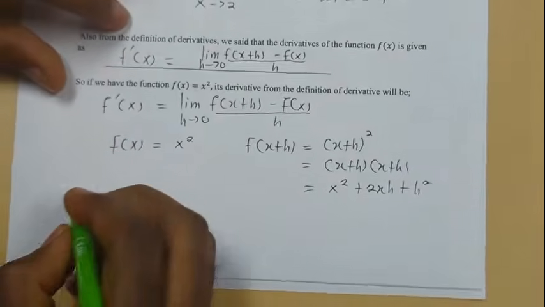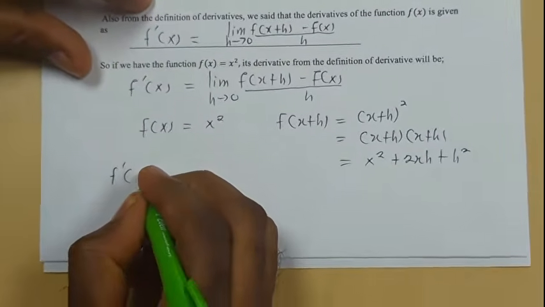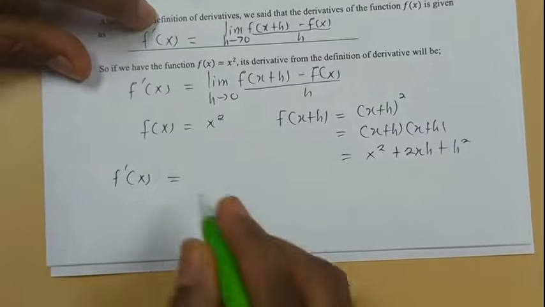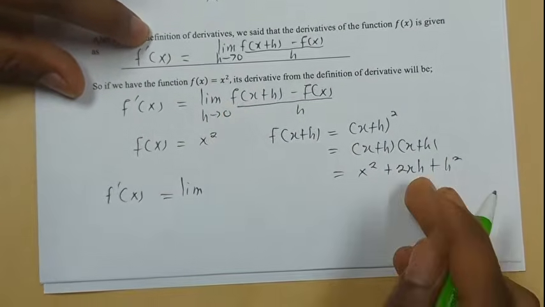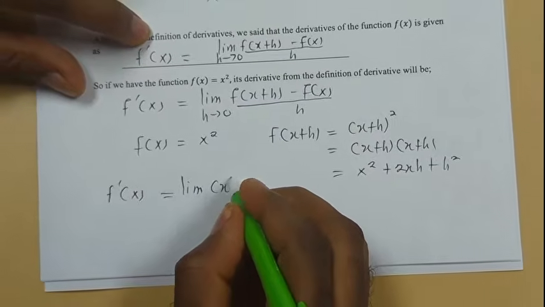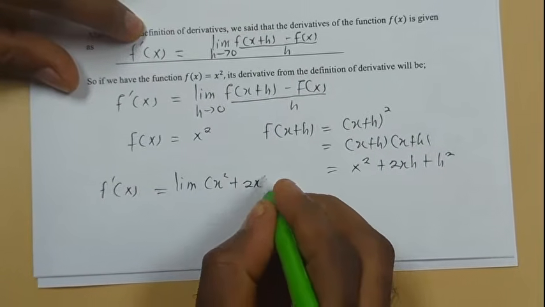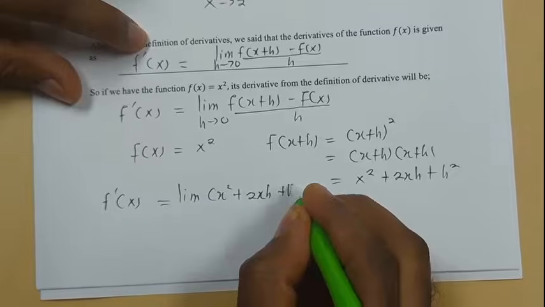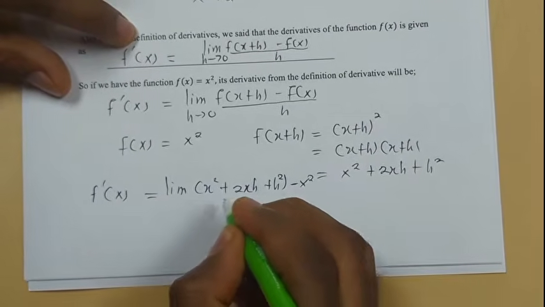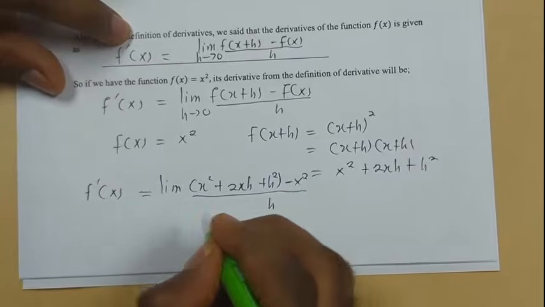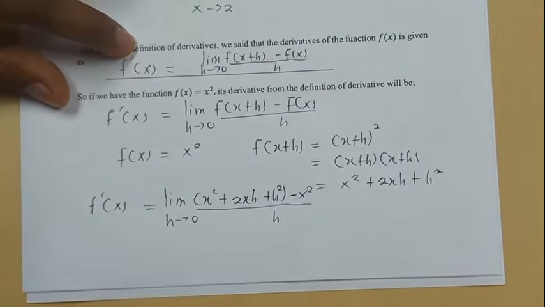So in substituting that, we can say that f prime of x will be equal to the limit of, so f of x plus h is x squared plus 2xh plus h squared, then minus f of x, which is x squared, all over h as h approaches 0.